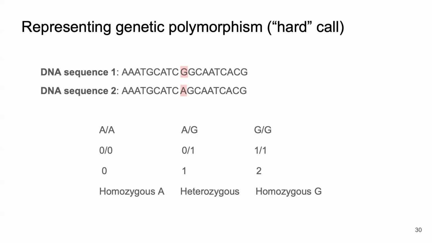And this information could also be represented as binary 0-1 encoding, using 0 to represent one of the alleles and 1 to represent the other allele. We can also use the count information that is most frequently used in statistical genetics to represent how many copies of the derived allele or non-reference allele an individual genome has. So for this kind of information, it's the same kind of information an ancestral recombination graph could represent.